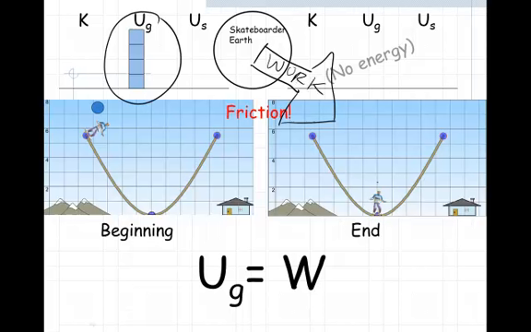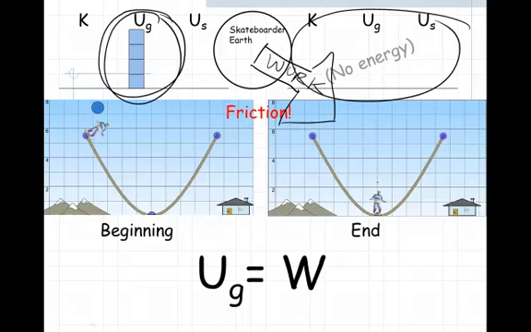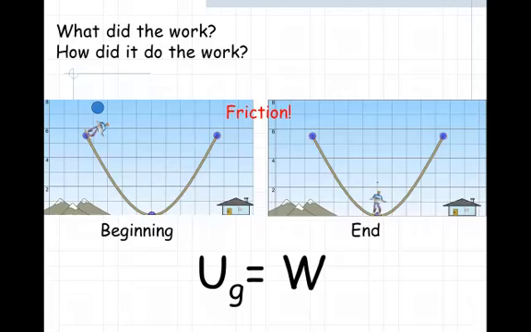We went from having 4 units of gravitational potential energy to having 0 units. We have to ask ourselves, what did the work? In this case, friction did the work.